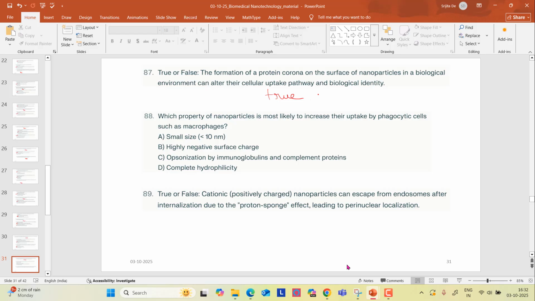Which property of nanoparticles is most likely to increase their uptake by phagocytic cells such as macrophages? Small size, highly negative surface charge, opsonization by immunoglobulins and complement proteins, complete hydrophilicity.